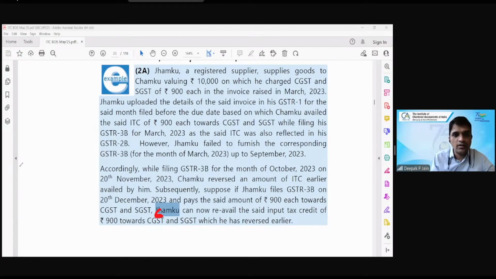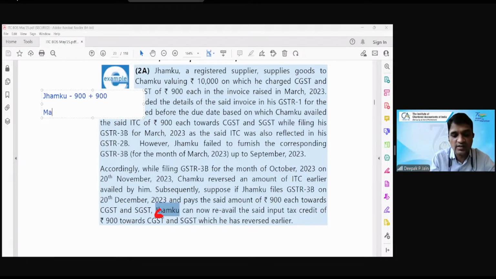Yeah, for the benefit of Dhanush and for others also, we will explain this with a diagram. So this is Jampu. Okay. How much is the tax he's paying? 900 plus 900. Okay. Where is he disclosing this?